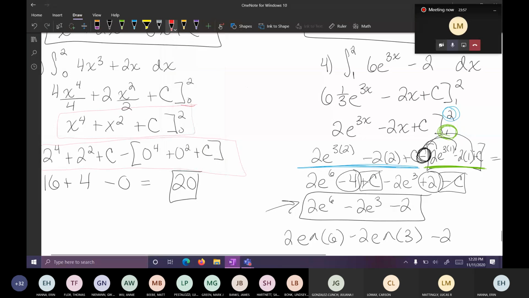But after that, if you just want to punch it into your calculator, that's perfectly fine. So as long as you showed me the antiderivative and the plugging in step, if your final answer was a number, that's perfectly fine. Does that make sense? Hopefully. So I do want you to show me the antiderivative, show me you plugging it in, but if your answer turns out to be a number, totally fine.